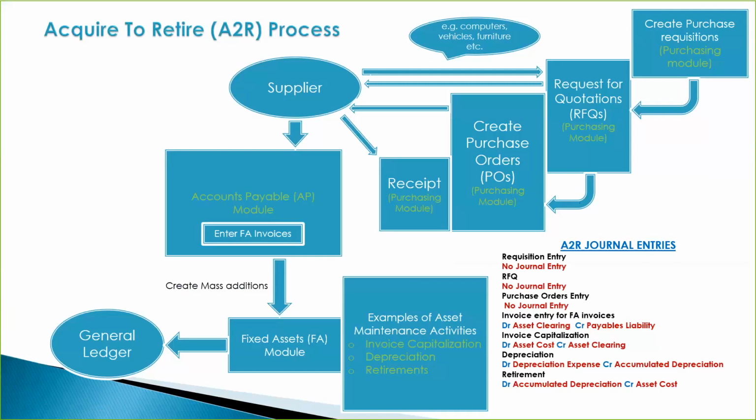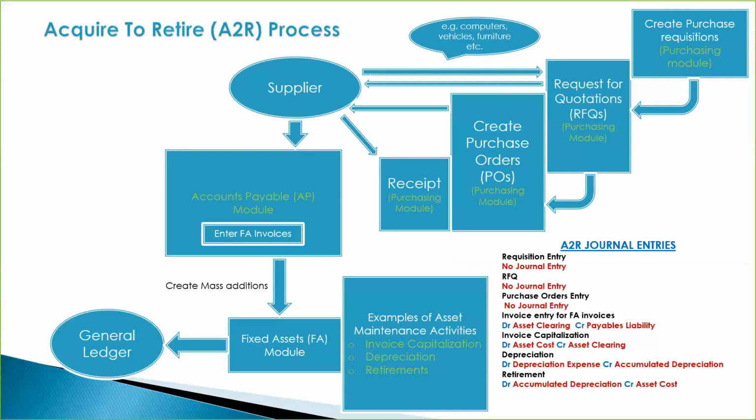Also with purchase order, when you create a purchase order, there is actually no journal entry. Now, when it comes to entering an invoice, which is a capital invoice in nature, the journal entry will be a debit to the asset clearing account and then a credit to payables liability.